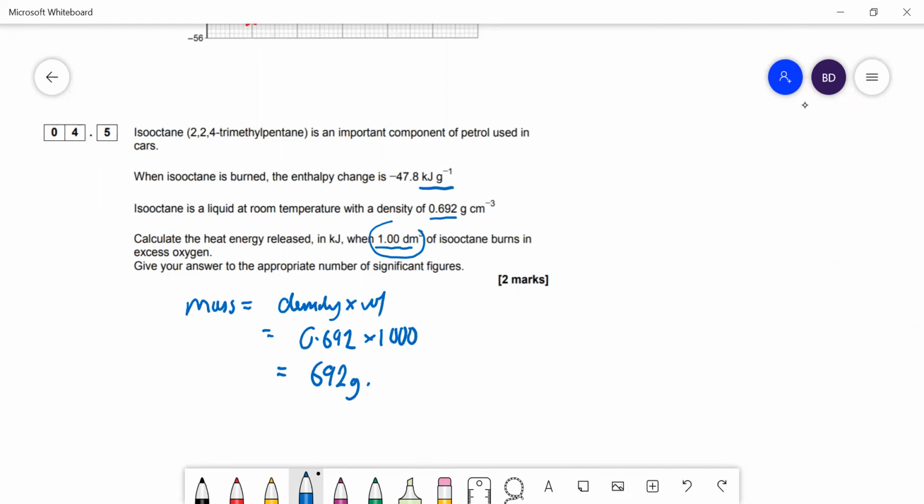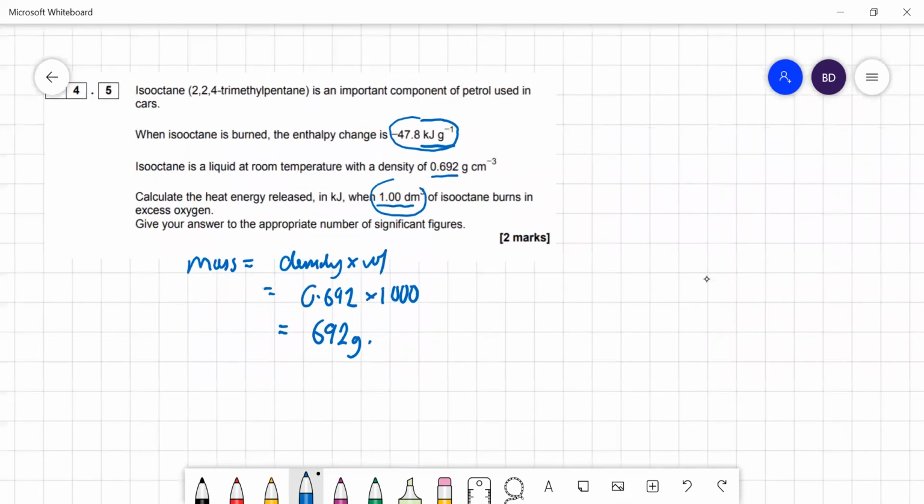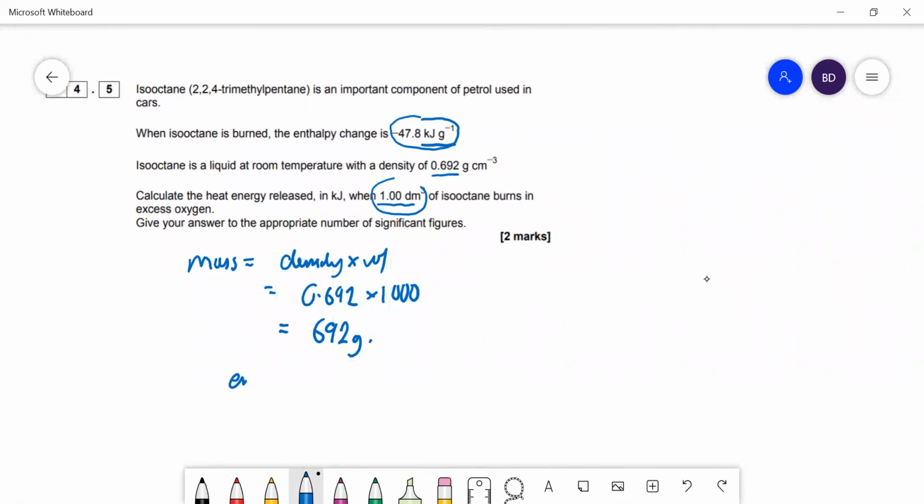Now it tells us here that 1 gram gives us 47.8 kilojoules out. So how much is 692 grams going to give us? The energy is going to be equal to 692 multiplied by the energy out, which is 47.8 kilojoules.